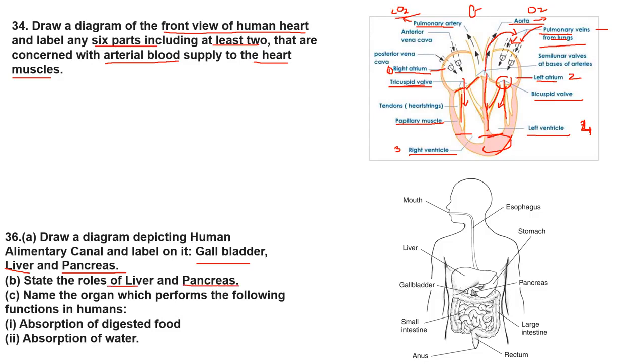Name the organ which performs the following function in humans. Absorption of digested food. It is the small intestine. You don't have to label this, you just have to write the answer for this. Small intestine. Absorption of water takes place in the large intestine.